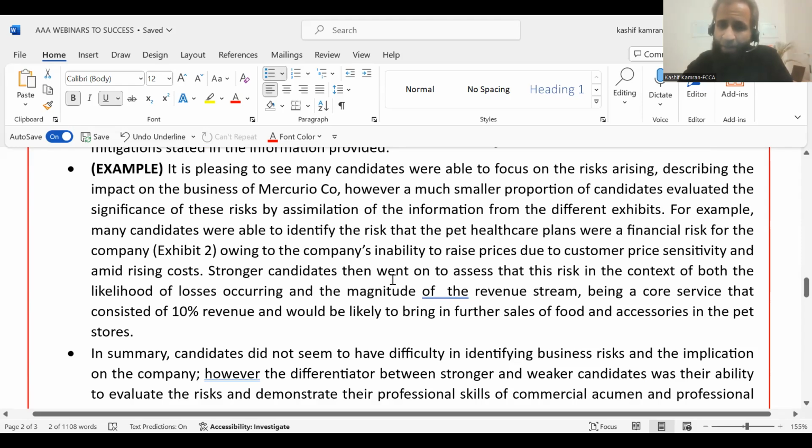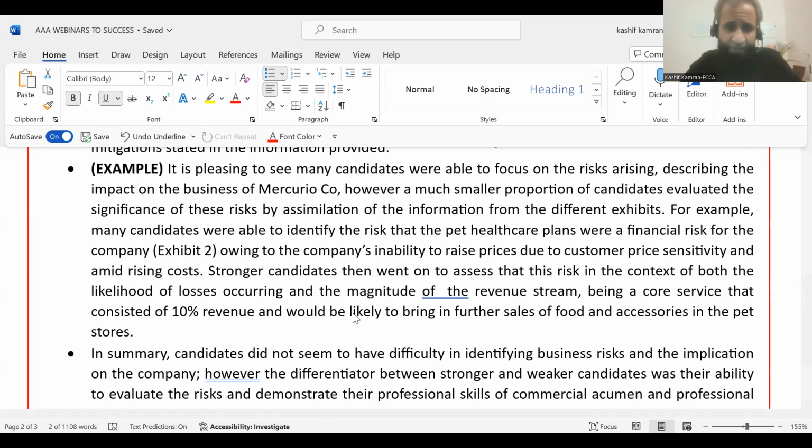Stronger candidates then went on to assess the risk in the context of both the likelihood of losses occurring and the magnitude, the revenue stream being a core service that consisted of 10% of revenue. There was a risk in the scenario.